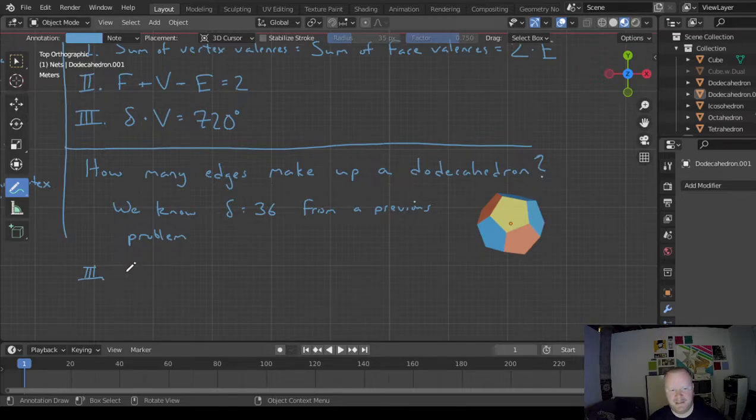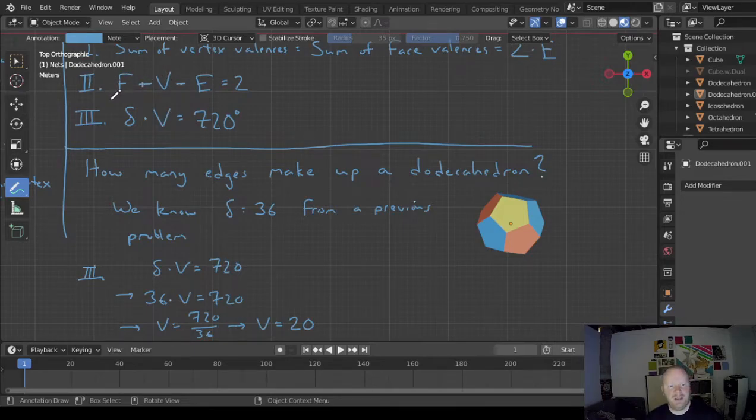We can say that delta times V is equal to 720. So we can definitely figure out the number of vertices. That's one step. The number of vertices was pretty easy to figure out. That was going to be 20 in this case. So we've got 20 vertices.